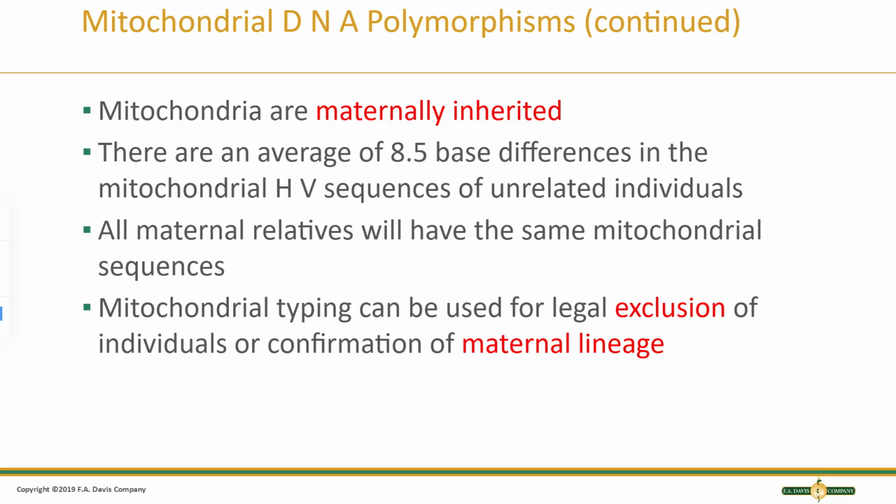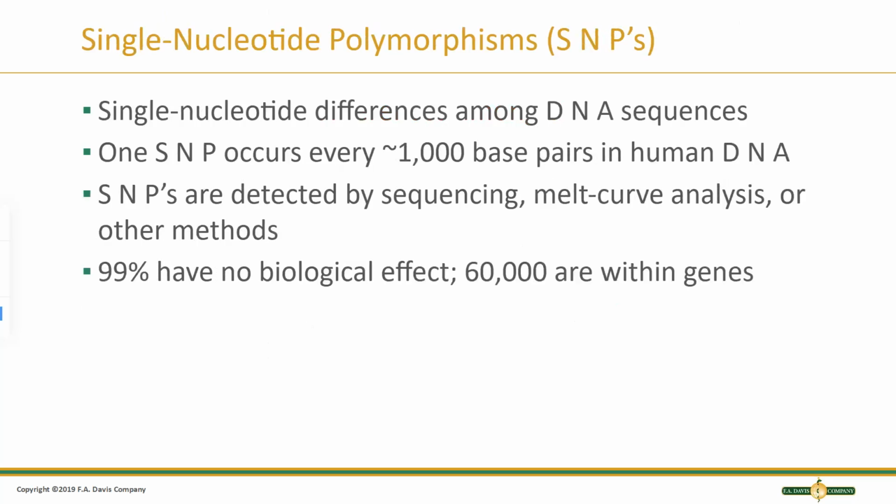The egg has all of the organelles. So every individual will only inherit their mitochondria from their mother. There are an average of 8.5 base differences in mitochondrial HV sequences of unrelated individuals. All maternal relatives will have the same mitochondrial sequences. Mitochondrial typing can be used for legal exclusion of individuals or confirmation of maternal lineage.